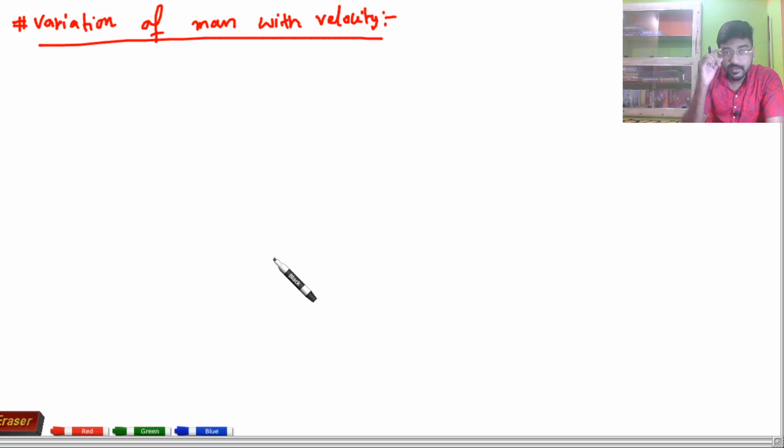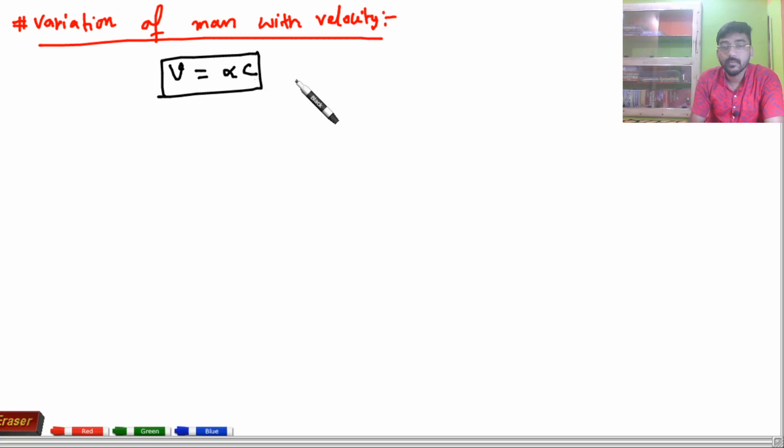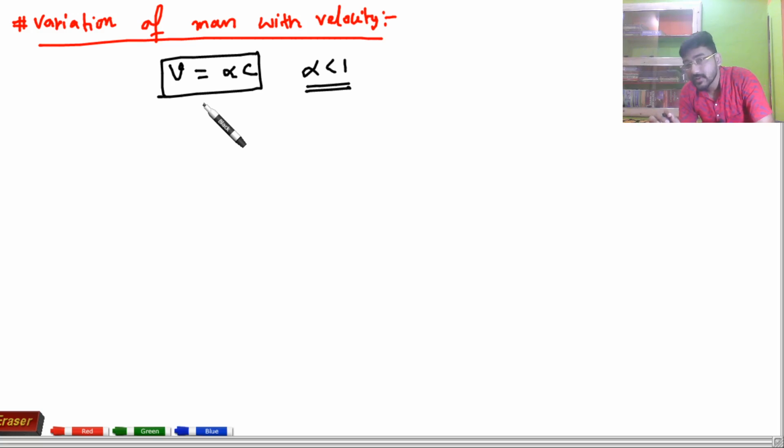In Newtonian mechanics we have seen that mass is constant, but when the velocity is comparable to the velocity of light, that is v is equal to alpha c, where of course alpha is less than 1, then you know that this mass is variable. The mass of the particle varies with velocity.